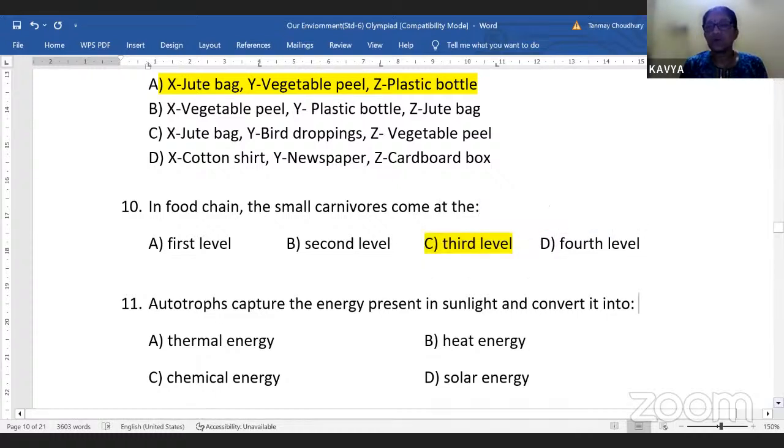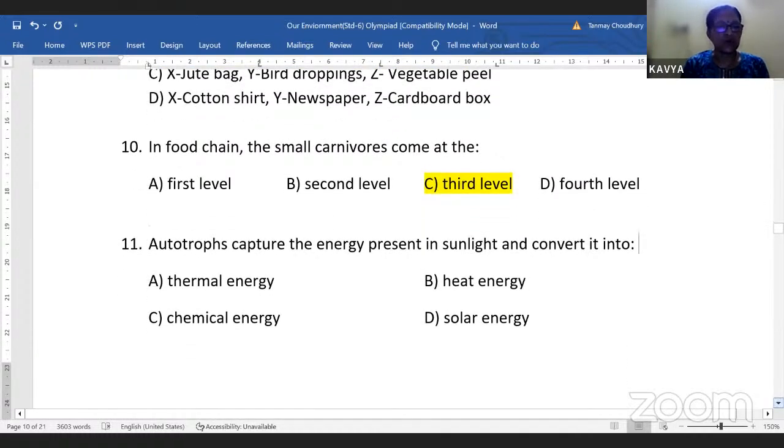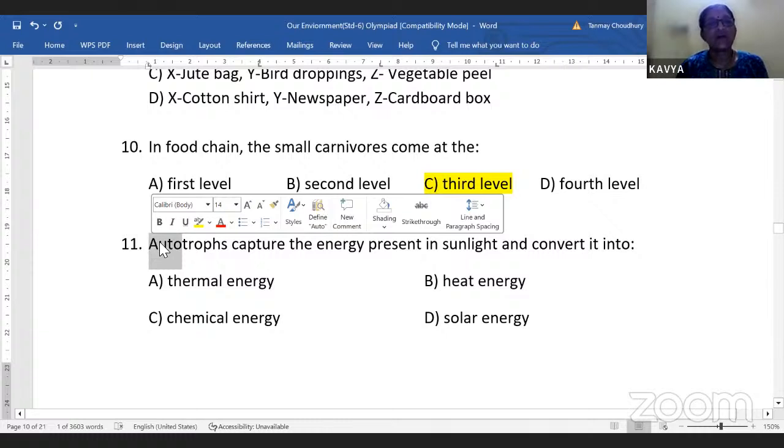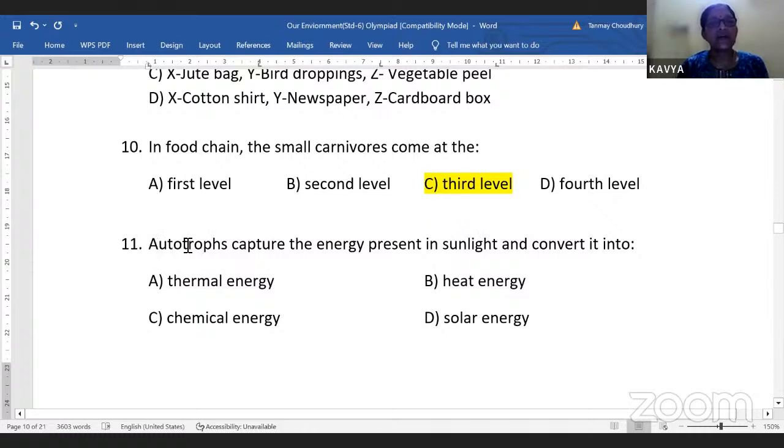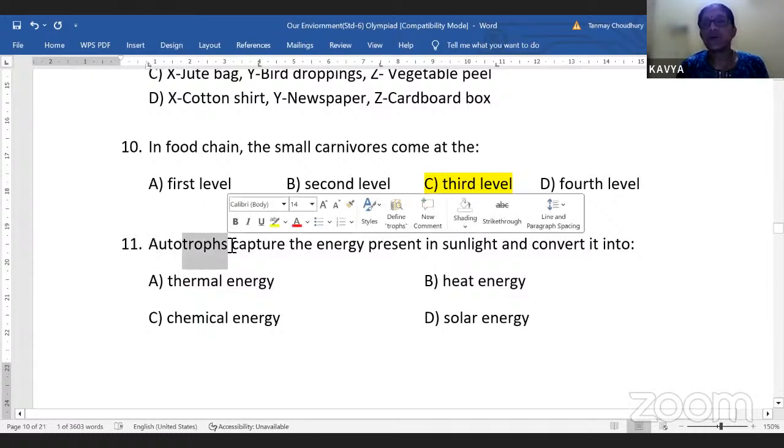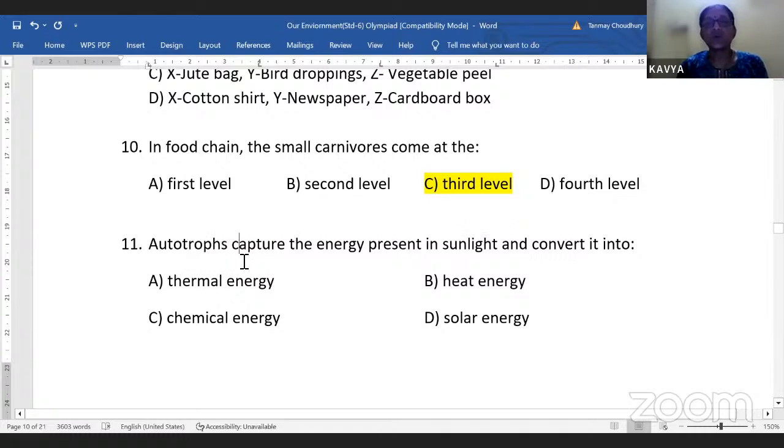Okay, autotrophs. The word auto means self, like you say automatic. Trophism is anything to do with food. Autotrophs are organisms that can make food by themselves, so autotrophs will be green plants.